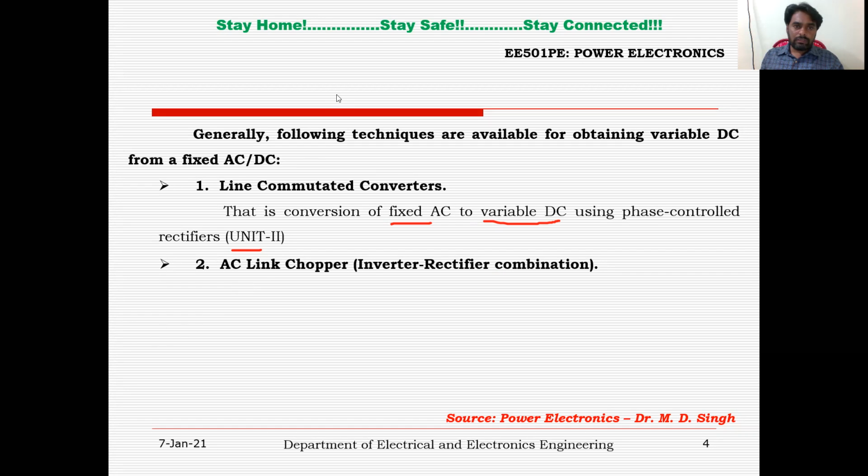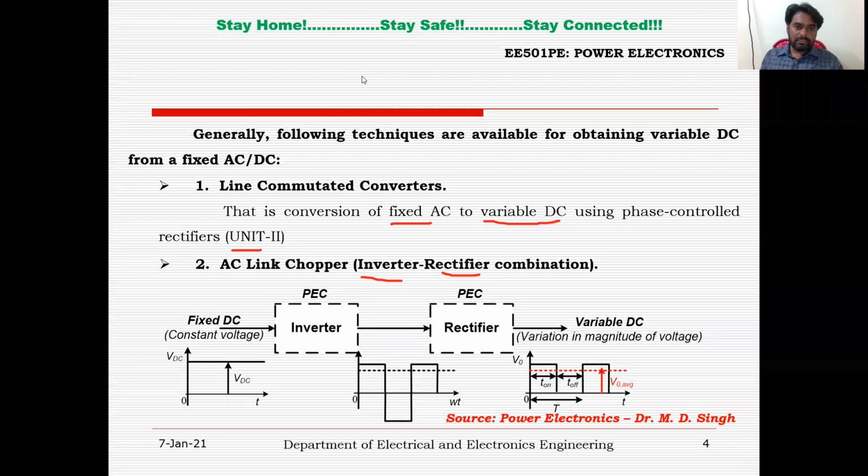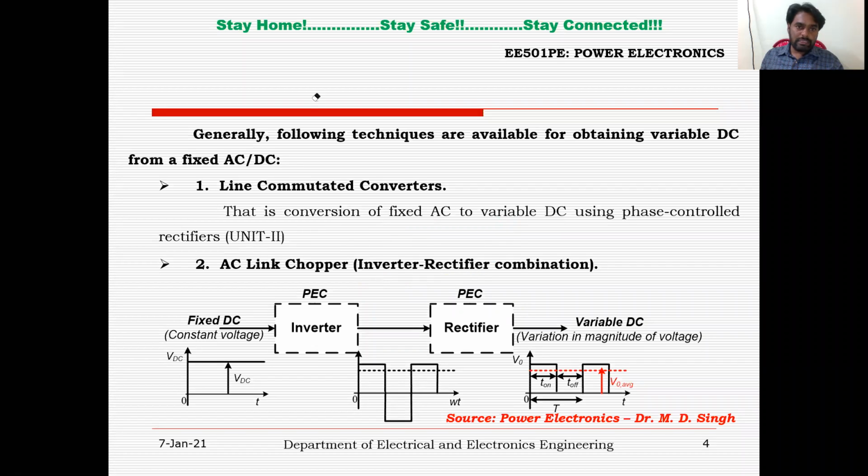And one more configuration is called the AC link chopper, which has an inverter as well as rectification combination. It is a two-stage conversion configuration. You can see the equivalent circuit here. It converts fixed DC to variable DC in two stages. First it converts fixed DC into AC with the help of an inverter.